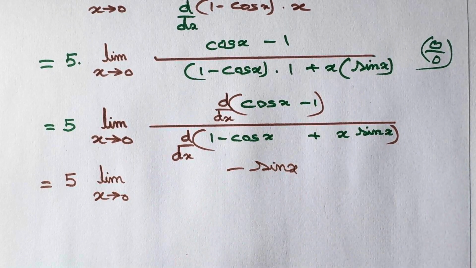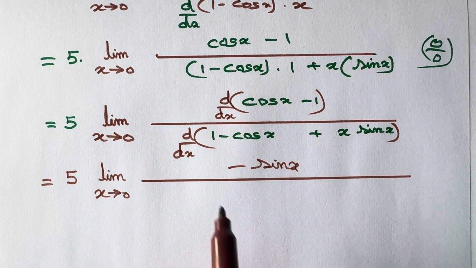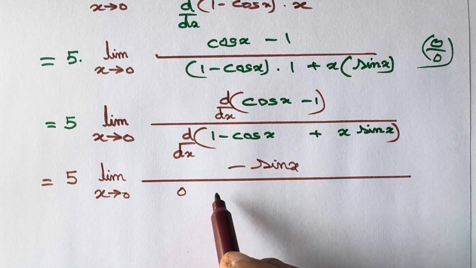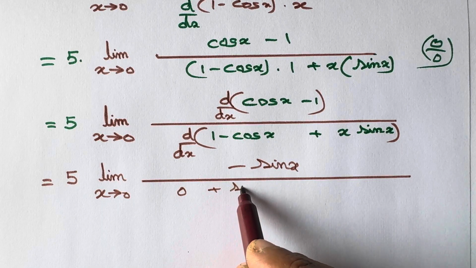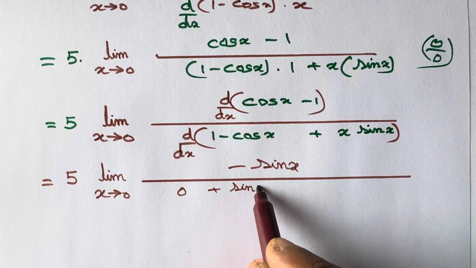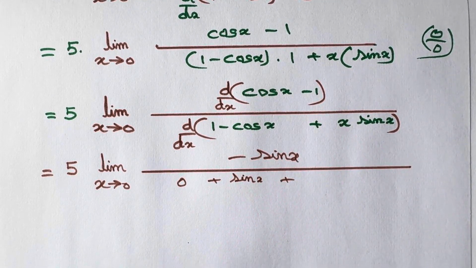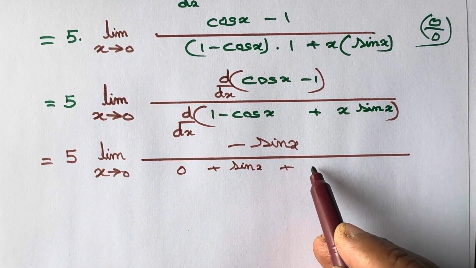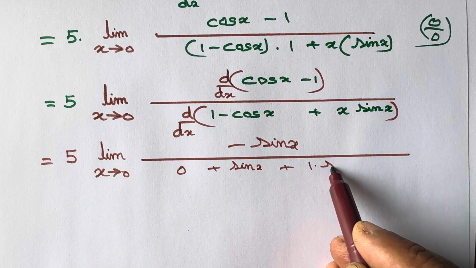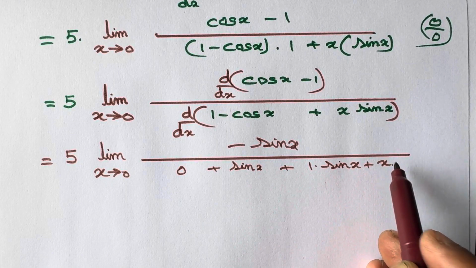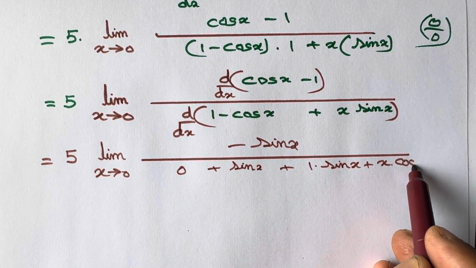Derivative of 1 is just 0. Derivative of 1 is 0. Derivative of minus cos x is sin x. How about derivative of product of x and sin x? We apply product rule. Derivative of x is 1, sin x copied. Next time x copied, differentiate sin x and get cos x.